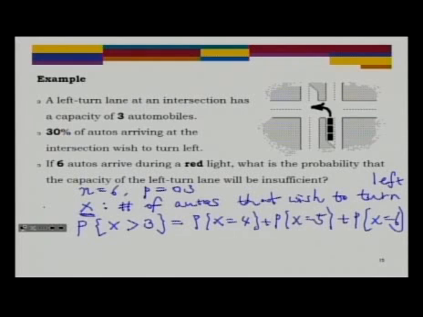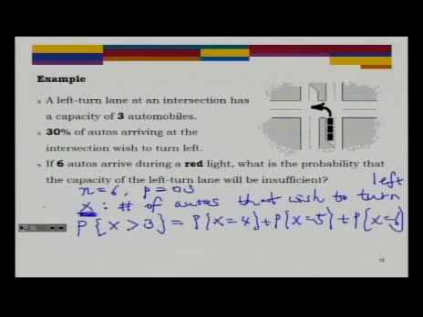Oh, I'm sorry, I forgot to mention this. In this case, which distribution does variable x follow? It is the total number of autos that wish to turn left within 6 autos, right?